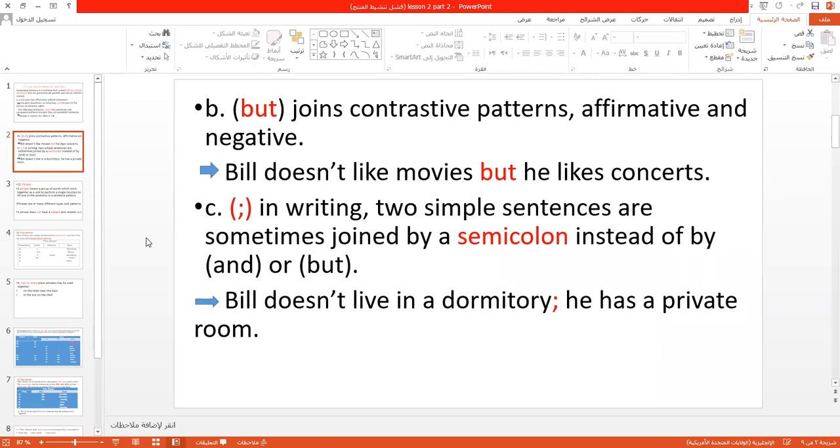Related together in the same subject and grammatically parallel. Good. We don't say in the same subject. It's not exactly the same subject, but we are going to see other examples later on.